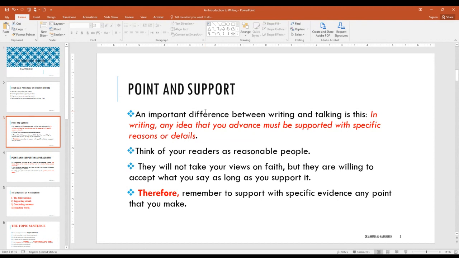You have to keep in mind that your reader will not take your views on faith, but they are willing to accept what you say as long as you support it. Don't suppose that they know. You may say that everyone in society knows that coronavirus can kill us. Okay, I know that, but I need a support.